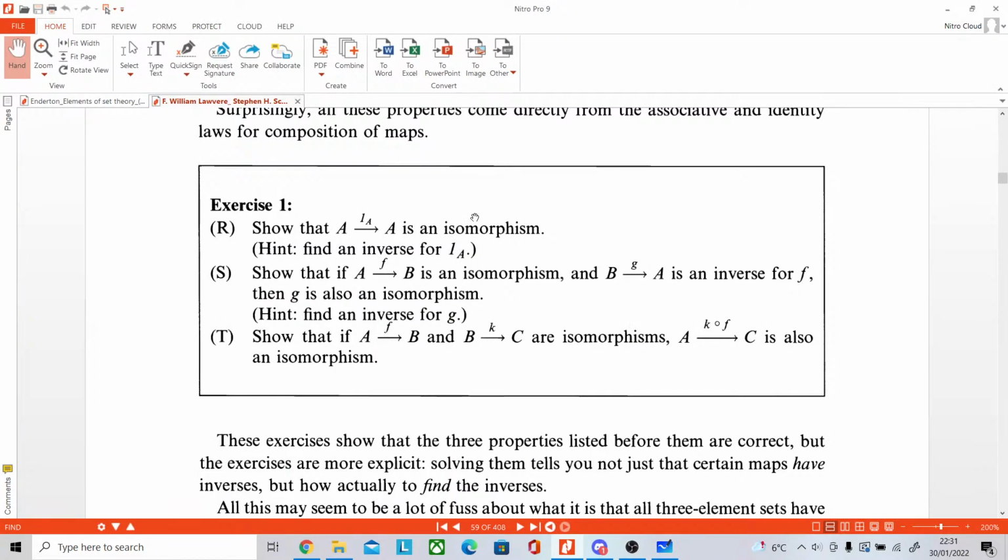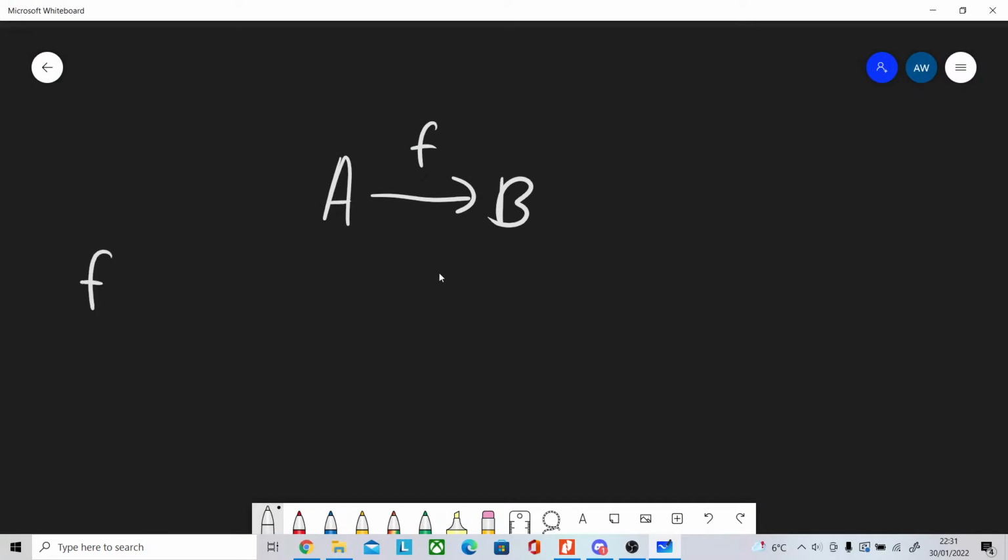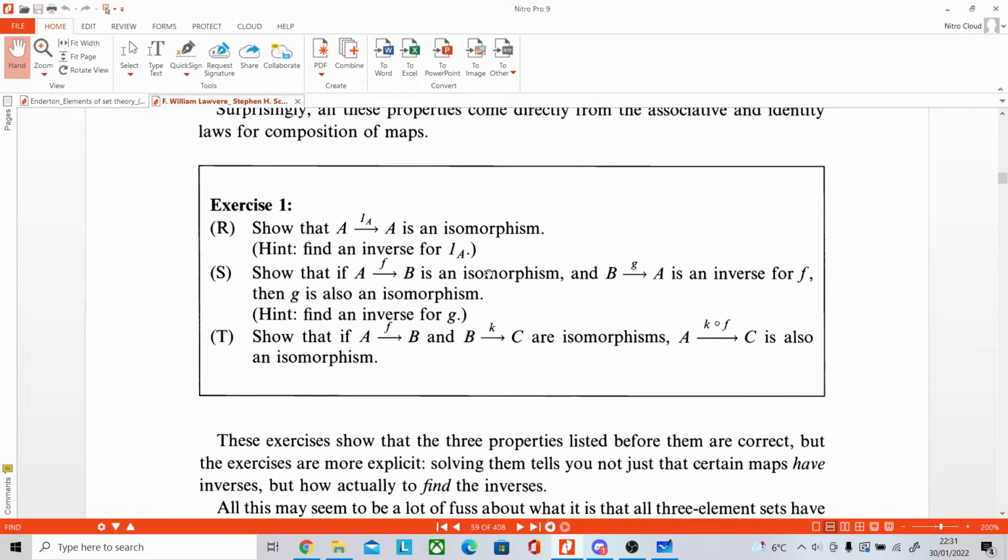Okay. A to B, F. F is an isomorphism. Okay.